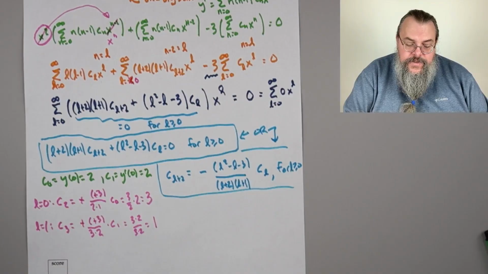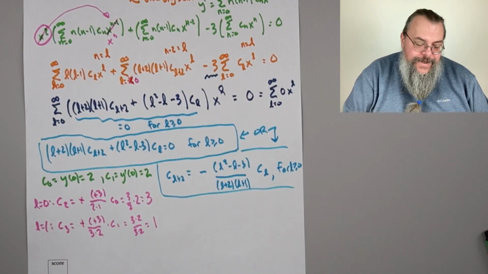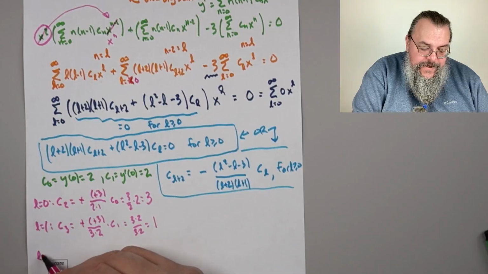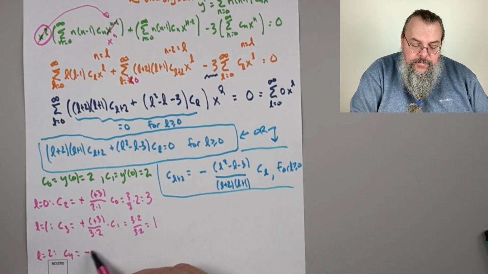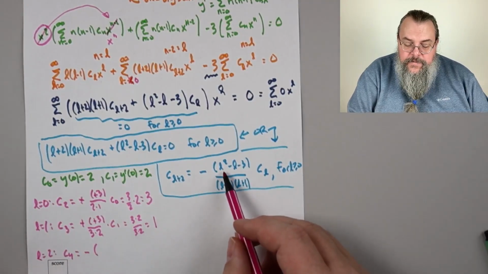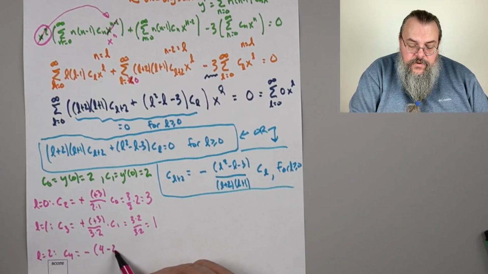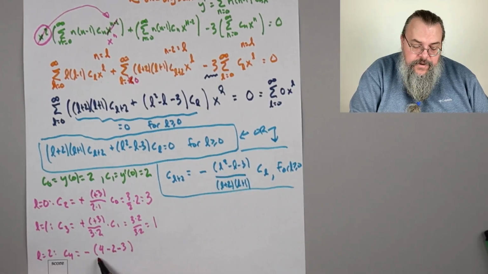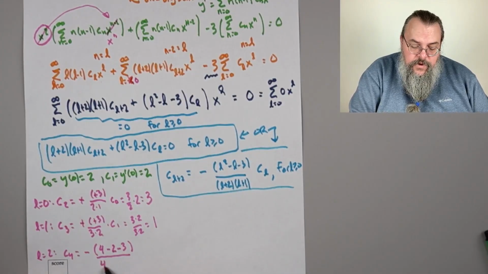So there's C3. Now, what about C4? Okay, L equals 2. C4 is, well, minus, now I have to be a little bit careful here. We have 4 minus 2 minus 3. Wherever you see an L, put a 2. Downstairs we have 2 plus 2, which is 4, and 2 plus 1, which is 3.